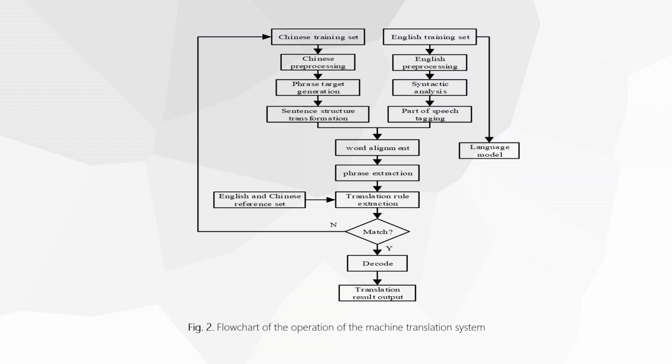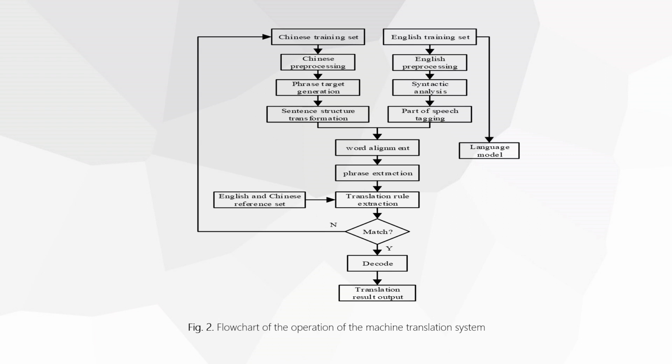The parameter feature tuning stage uses the existing bilingual corpus to continuously update the feature weights of the model to make it optimal. The translation and decoding module translates the source sentence through the model and feature weights learned during model training and parameter feature tuning. The operation process of the machine translation system is shown in Figure 2.